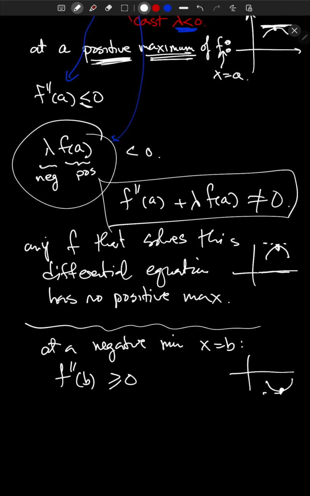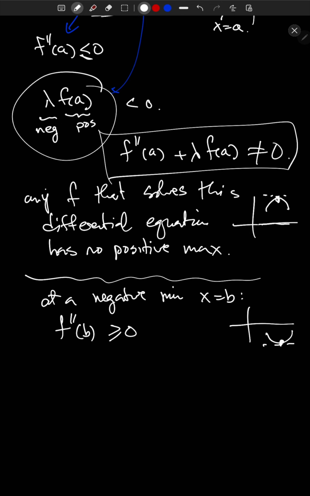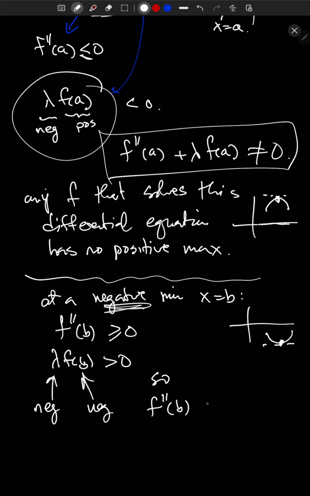So that's essentially the second derivative test. Lambda f of b: lambda is negative, and f of b, we're at a negative min, so this is negative, so the whole thing is positive. So lambda f of b is positive. So f double prime of b plus lambda f of b has to be positive. In fact, it cannot be 0.